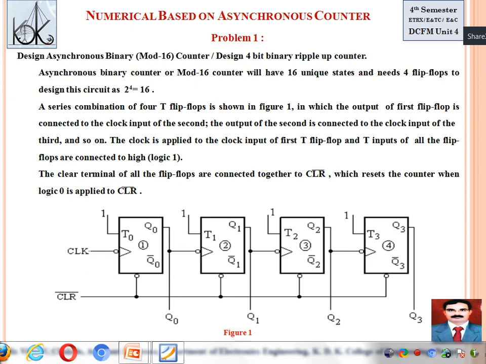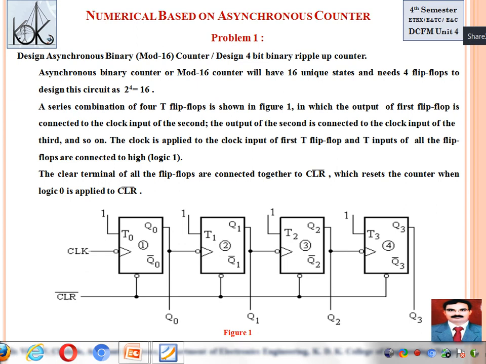A series combination of 4 T flip-flops is shown in the figure. Here I am using T flip-flops, because as you know, for designing a counter, the T flip-flop is very easy. In the circuit diagram, an asynchronous clock pulse is used, in which the output of the first flip-flop is connected to the clock input of the second, and the output of the second is connected to the clock input of the third, and so on.